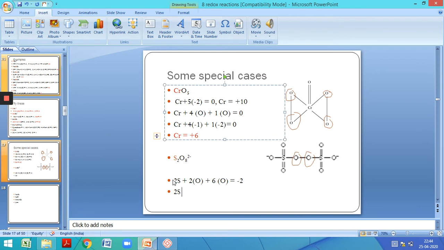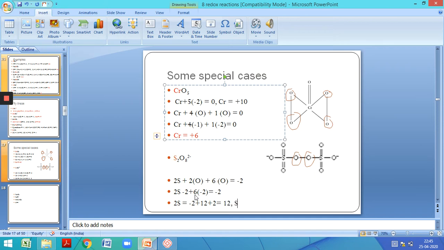So 2 sulfur plus 2 oxygens at -1 each plus 6 oxygens at -2, which is the normal oxidation number of oxygen, is equal to -2. You can say that 2S is equal to -2 plus 12 plus 2, which is equal to 12.